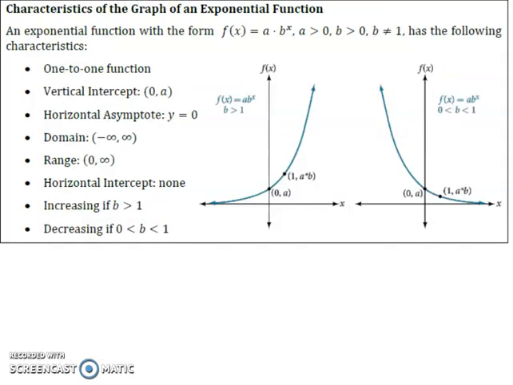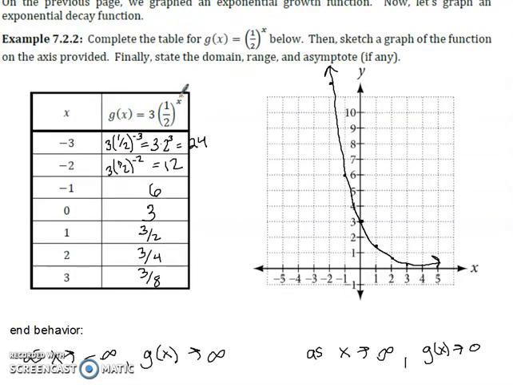Here are some special features of our exponential graphs. They are one-to-one functions, which means that they are invertible. They have a vertical intercept at 0a. So if I go back and look at my g of x function, there's going to be a vertical intercept of 3.